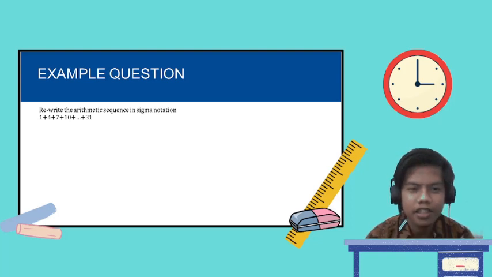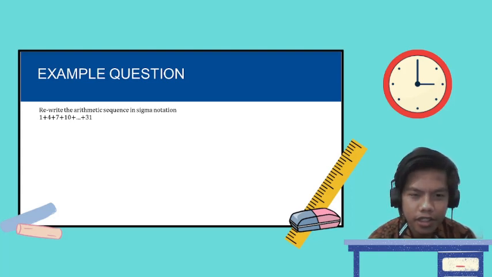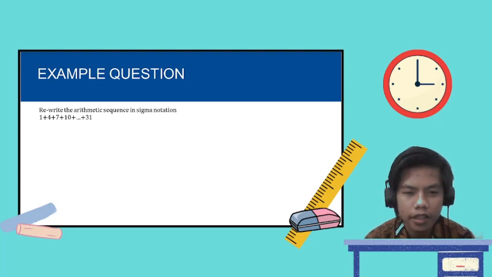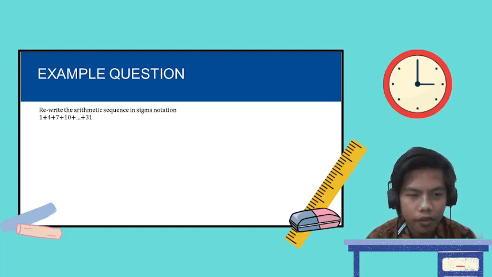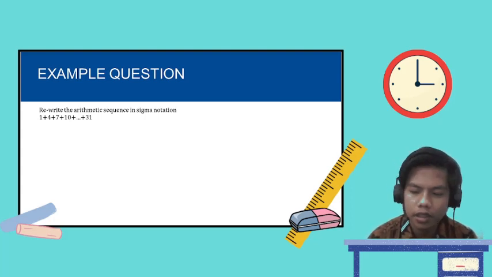Okay, for the example questions: rewrite the arithmetic sequence in sigma notation. The arithmetic sequence is 1 plus 4 plus 7 plus 10 plus up to 31.